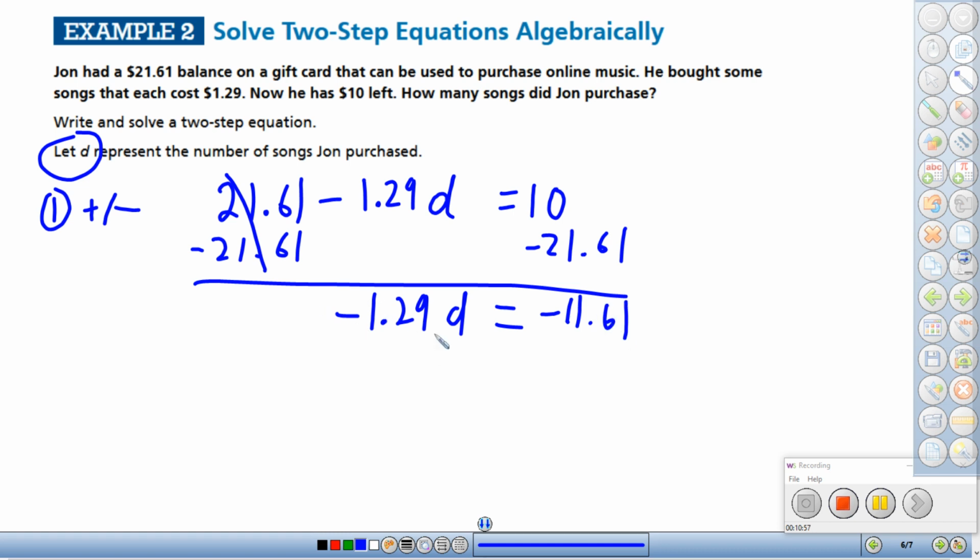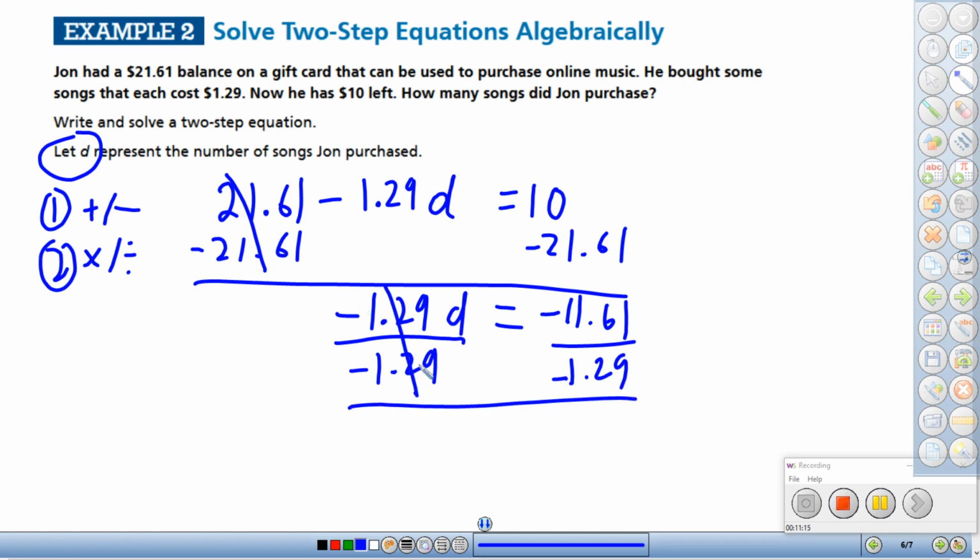So now, our second step, remember, is multiply or divide. Since this is multiplication, we're going to divide by negative 1.29 on both sides. On the left side, of course, this becomes just D, and on the right side, this becomes 9, which tells us that John purchased 9 songs.